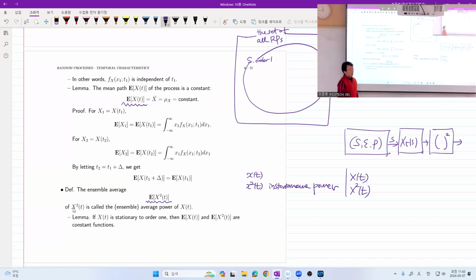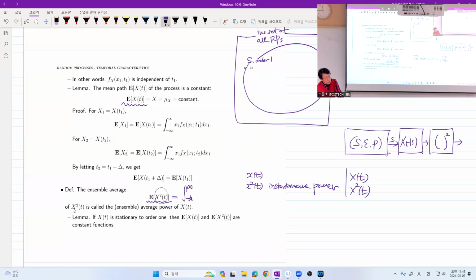Now, what about the ensemble average of this instantaneous power random process? It's very simple. Again, you handle this one as a random variable by fixing t to t0. Then what do you need?